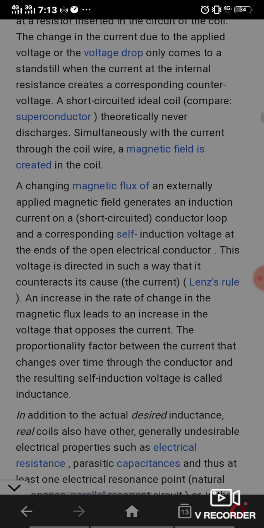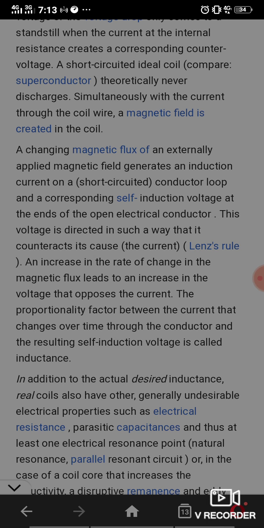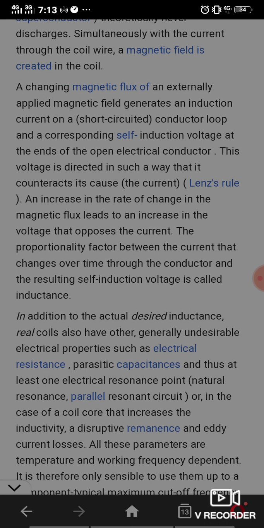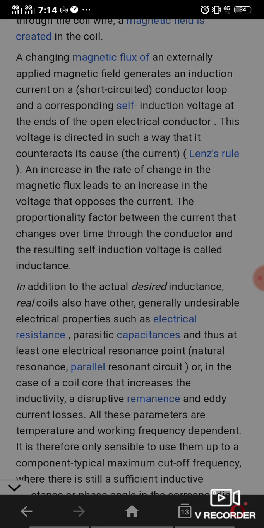inductance. In addition to the actual desired inductance, real coils also have other generally undesirable electrical properties such as electrical resistance, parasitic capacitance, and thus at least one electrical resonance point. These include parallel resonance, or in the case of coil cores that increase the inductivity, distributed resonance, and eddy current losses.